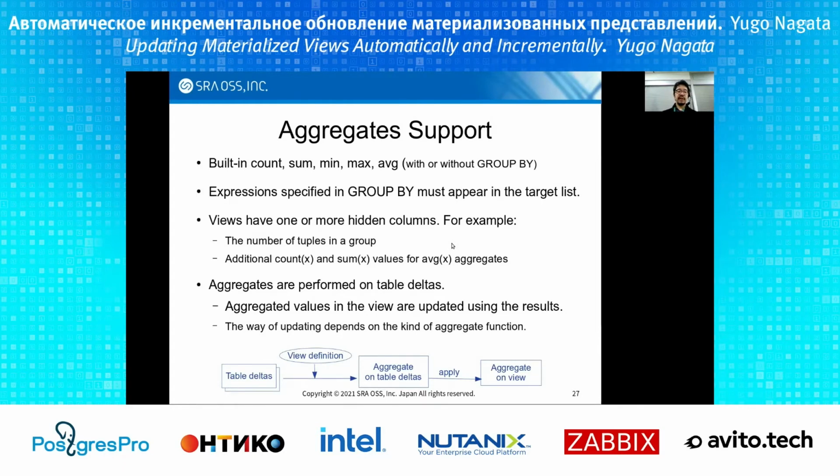In aggregate views, views have one or more hidden columns. For example, the number of tuples in each group is stored as hidden columns. In addition, for average aggregate, we store the values of count and sum as hidden columns.